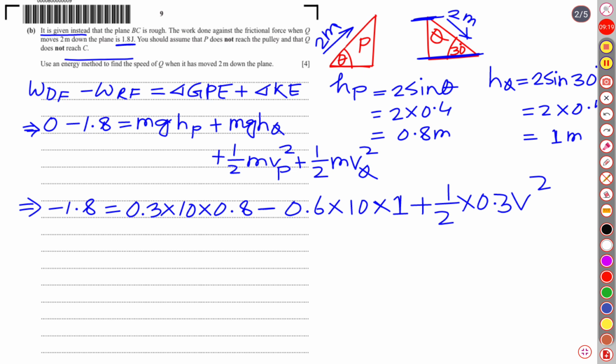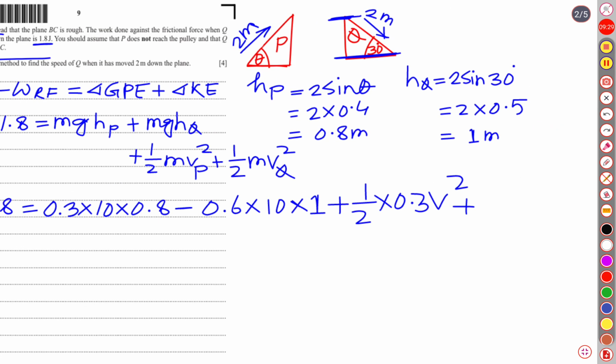Initial velocity was 0 because the particle was released from rest, plus, the second one, half mass of particle Q, which is 0.6 kg, and the final velocity of each particle is the same, so it is simply v square.